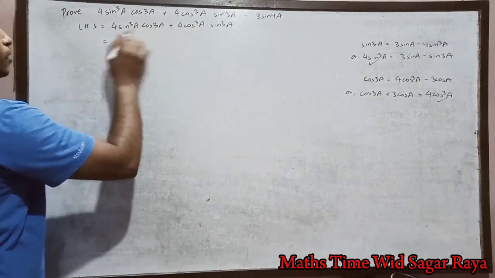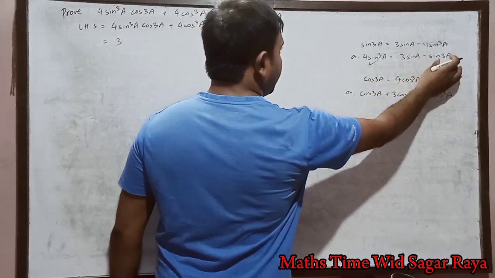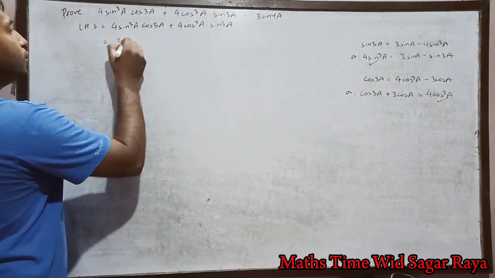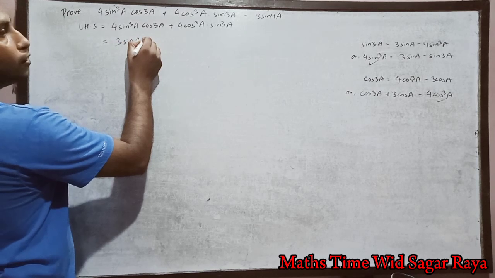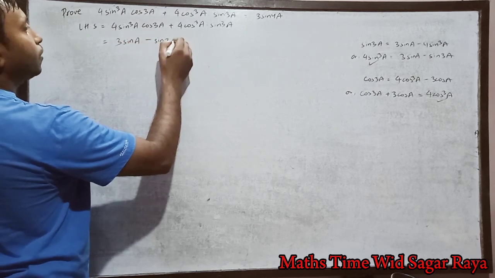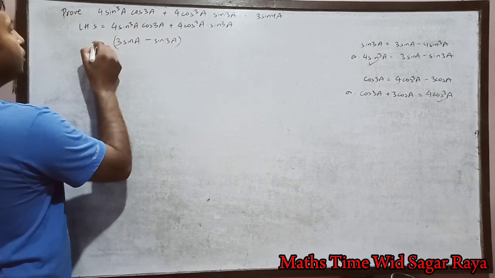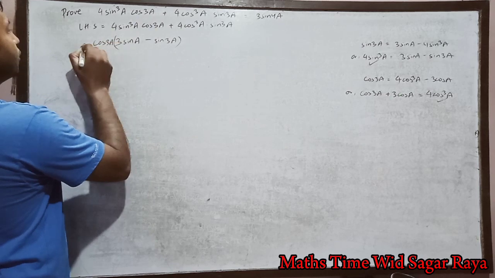Okay, so we have to use the formula of 4 sin cube a and 4 cos cube a, which is given here. Now 4 sin cube a is equal to 3 sin a minus sin 3a, multiplied by cos 3a. So cos 3a we have to write here.